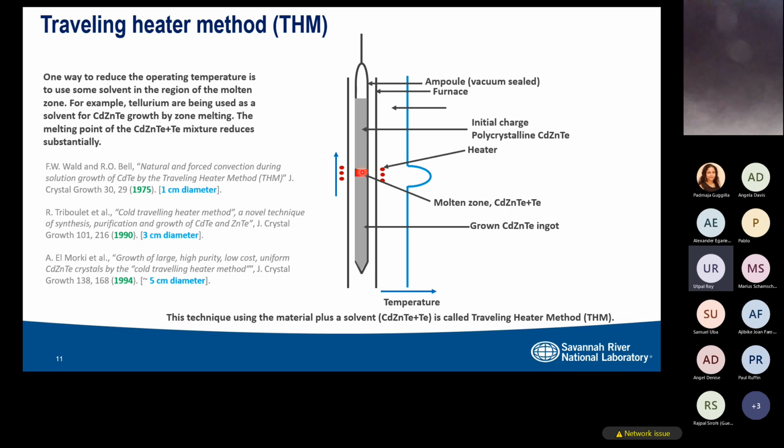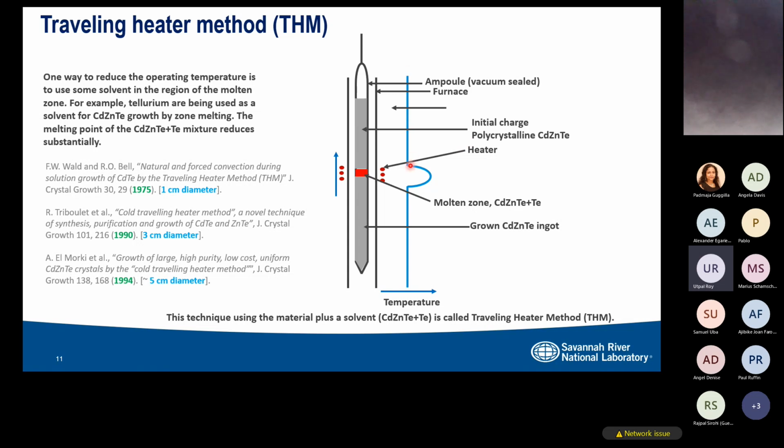At that high temperature, it dissolves very fast so that you can grow the crystal very fast. So instead of growing the crystal at 1130 degrees centigrade, now we can grow by the traveling heater method at 850 or 900 degrees centigrade. And this is called the traveling heater method.